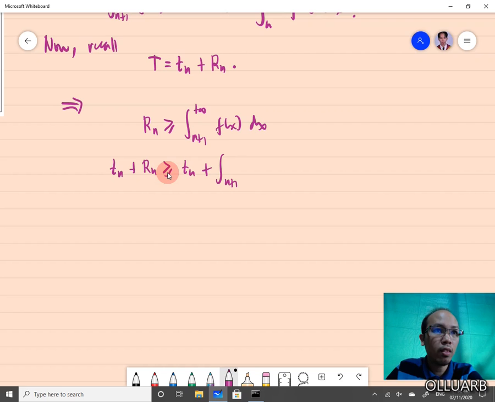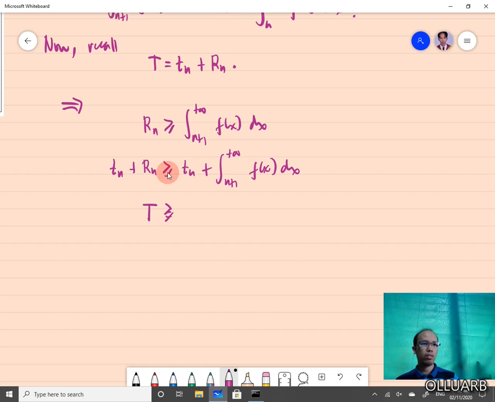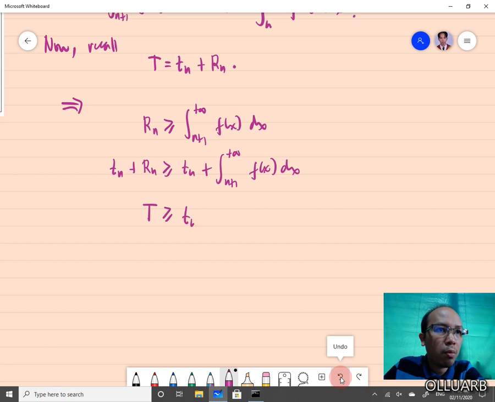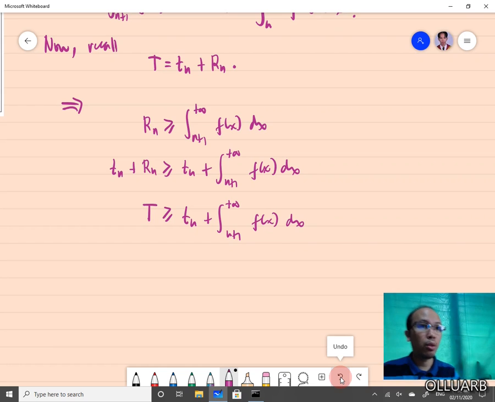Okay, positive infinity, and notice that this is t. Okay, sorry again, that one, sorry, so it's not good. So t sub n plus this one, and you can do the same for the other one.